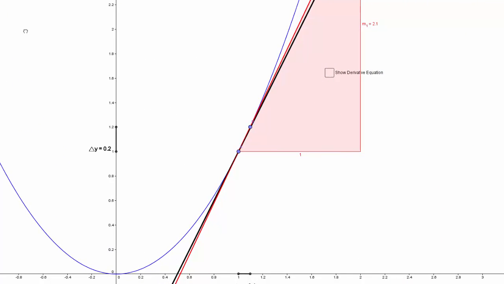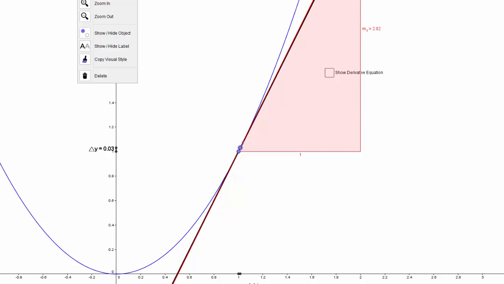So I can continue making my point B closer and closer to my point A. I'll be done when the two slopes are equal, or when m1 is equal to 2, the slope of my tangent line. I'm not quite done yet.